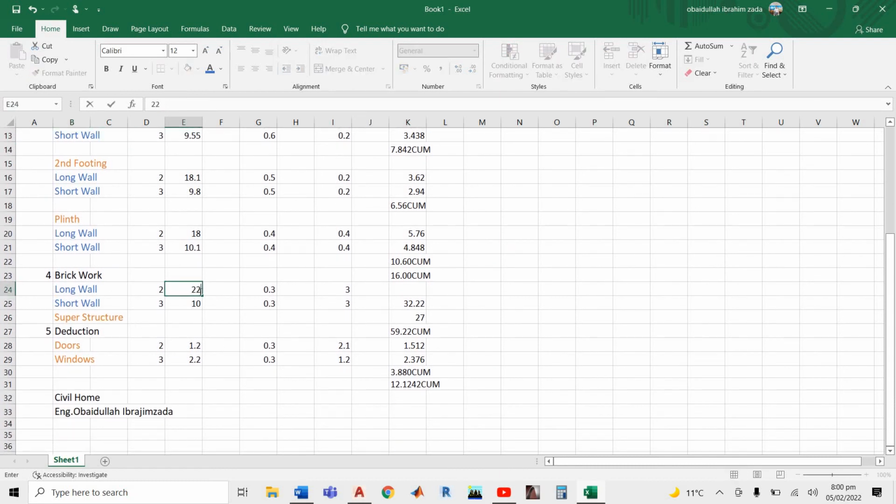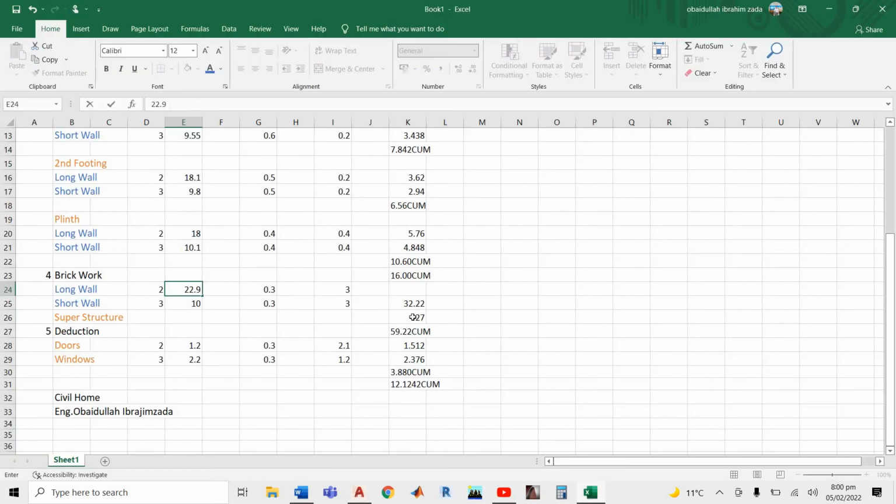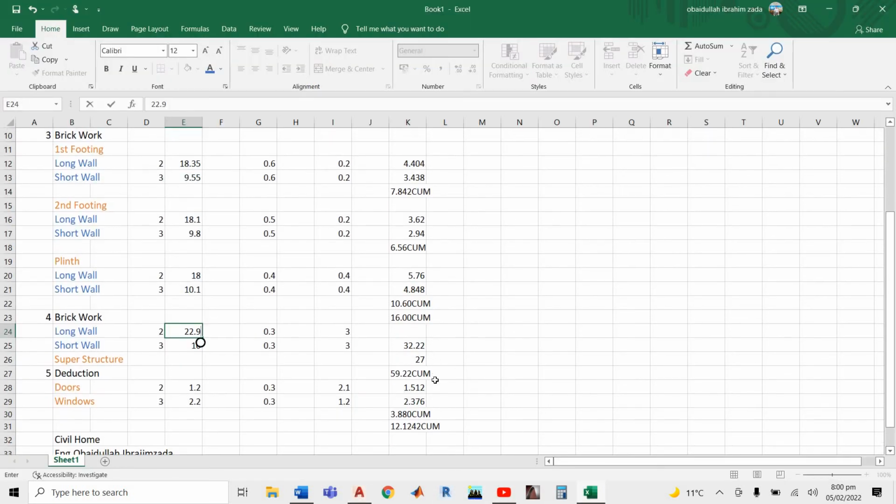In here 22.9. Okay. And then 0.3 and height is also how much? 0.3, and you get your answer this. Where is your answer? Here is your answer. Okay, 32.32. And then the answer will become, and also for short wall you get 27.